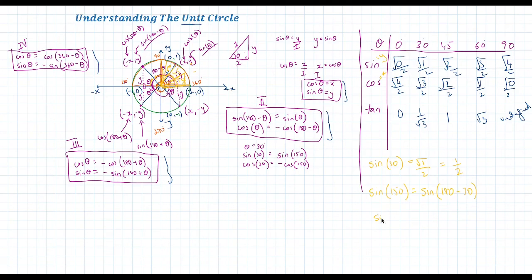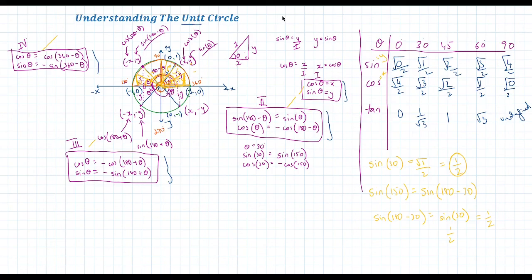So sine of 180 minus 30 is the same as sine of 30, and we know that sine of 30 is a half. Say we have a line here, and that's 30, but all of this is 150. Then the y component of that will be the same as the y component of sine 30, which is a half. So that's how this table and these connections between the quadrants help us find the x and y components of different lines around the unit circle.